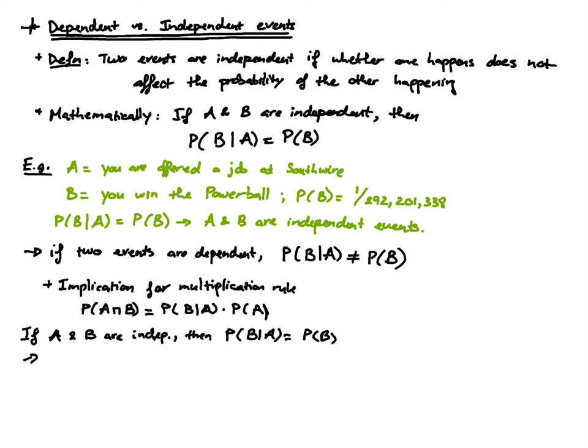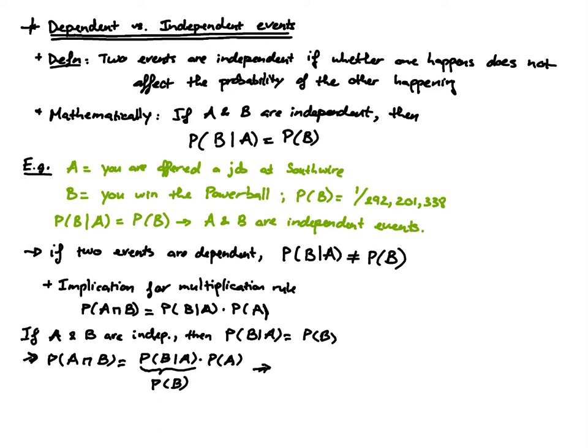That means that the probability of the intersection of A and B is going to be equal to P(B given A) times P(A), but this is P(B), right?